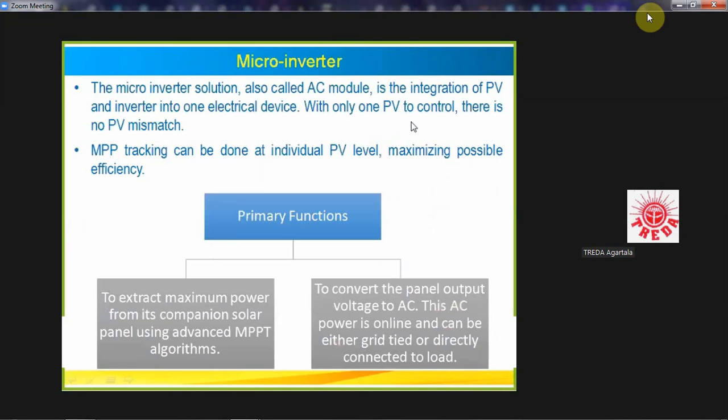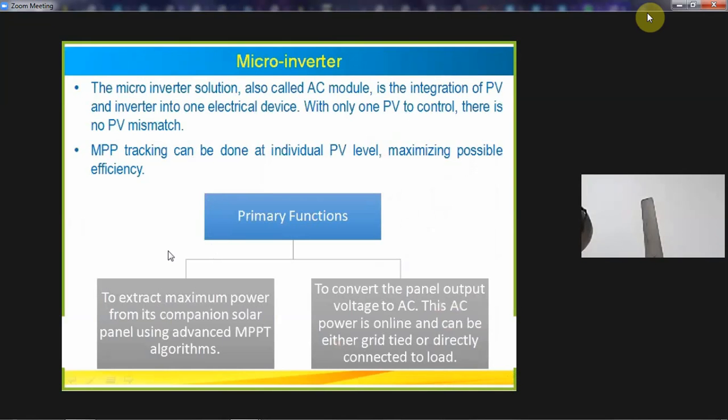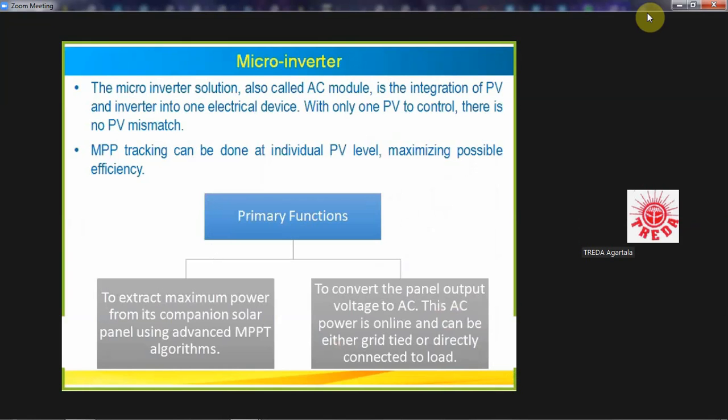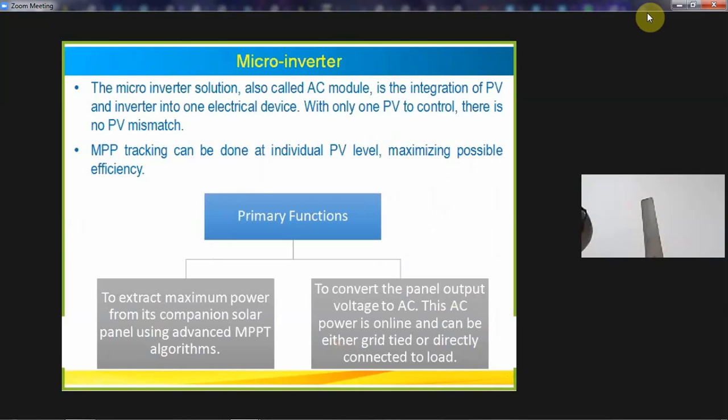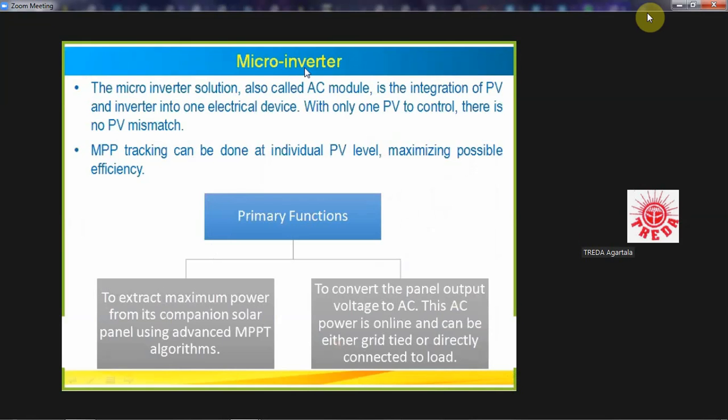The micro inverter. The micro inverter solution, also called the AC module, is the inverter of the PV inverter. So this is the MPP tracking for individual PV.